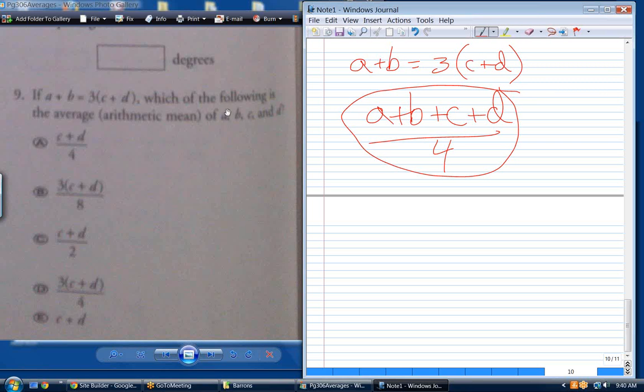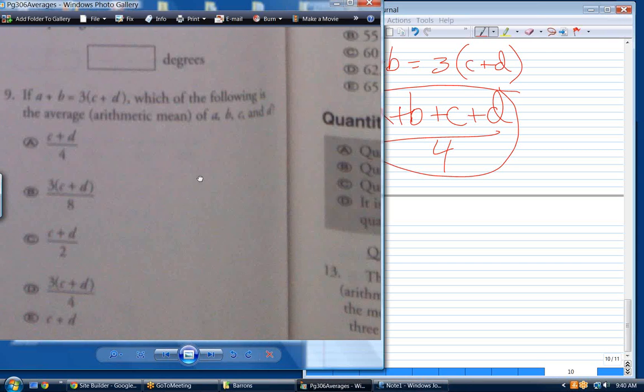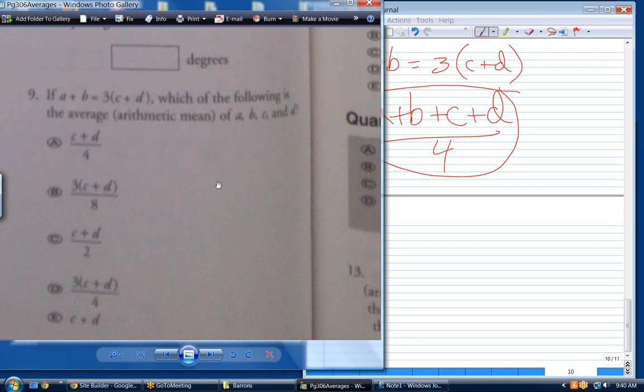Or in terms of A and B. Notice that if they wanted the answer in terms of A and B, then I would have substituted for the C plus D part of it. And I would have gotten a bunch of answers in terms of A and B. So I just hadn't thought about putting the 3C plus 3D into the A plus B. That was good.